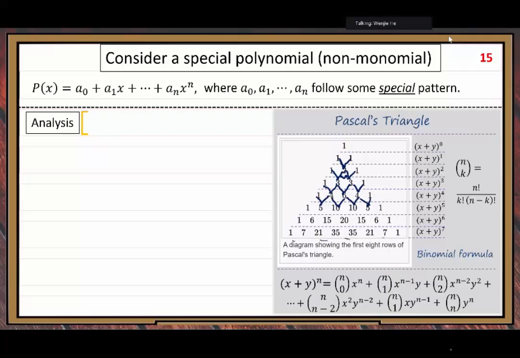All right. With this special structure, we can take advantage of the special pattern to use the minimum number of multiplications.